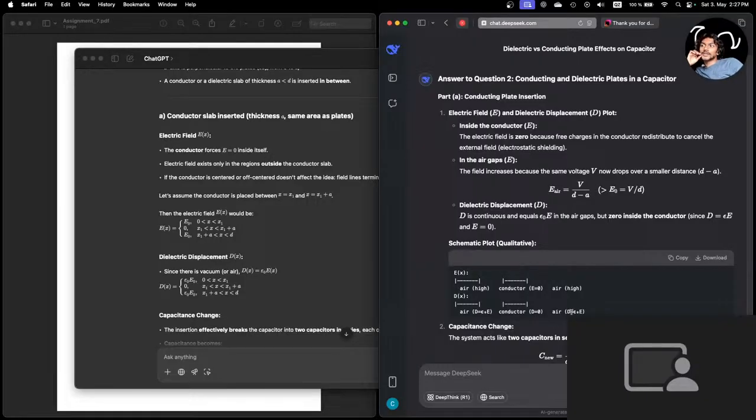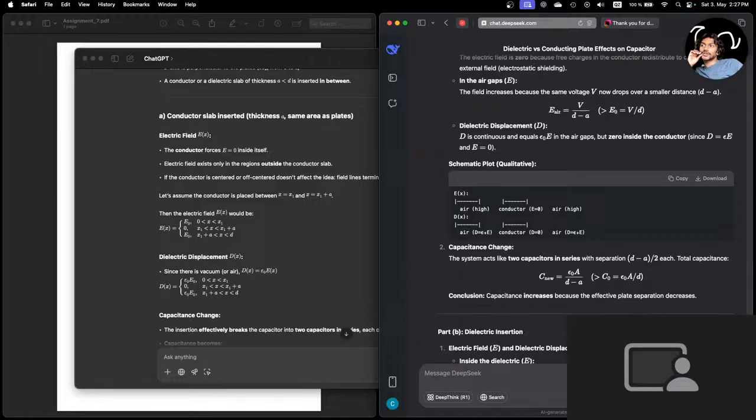Okay, schematic plot, quantitative. Capacitance change. Capacitance increases because the effective plate separation decreases.